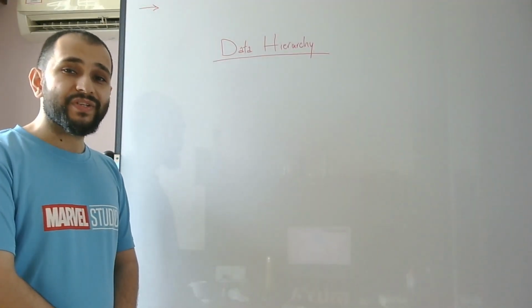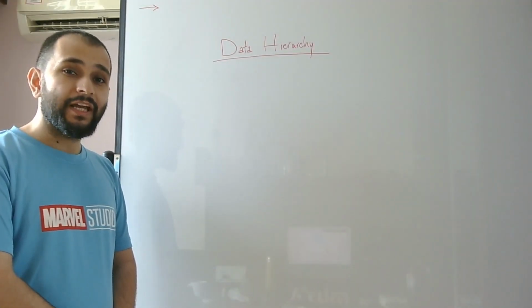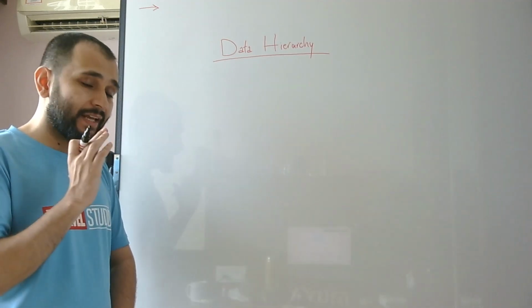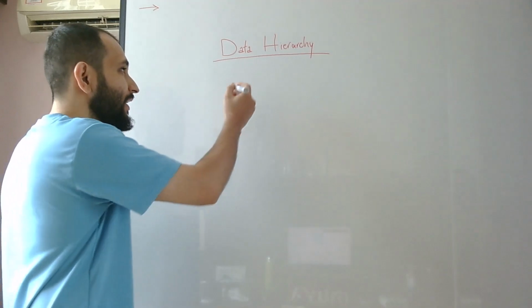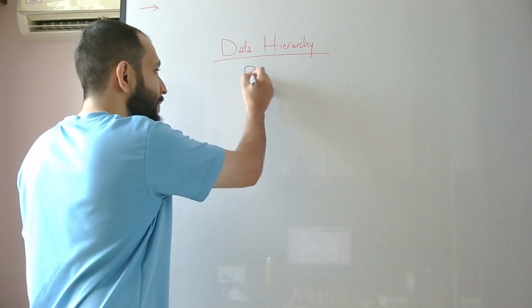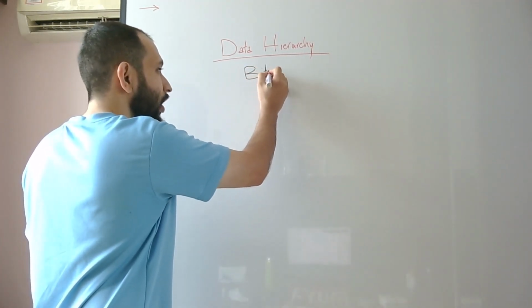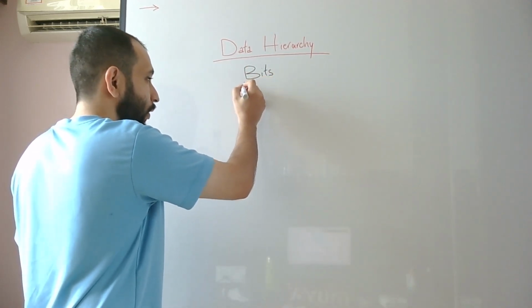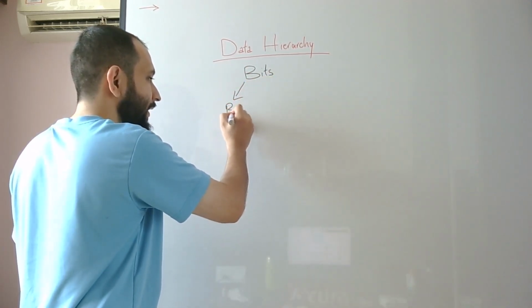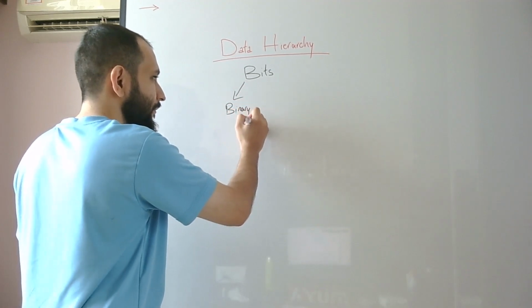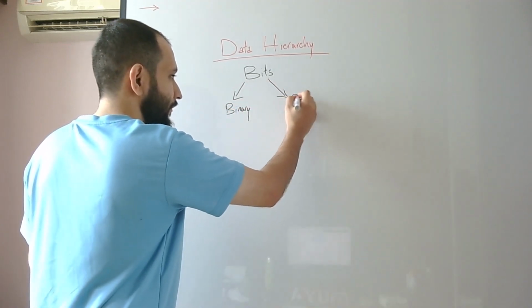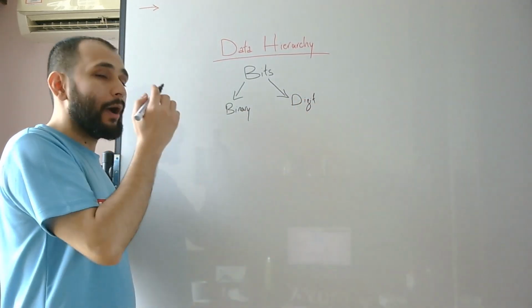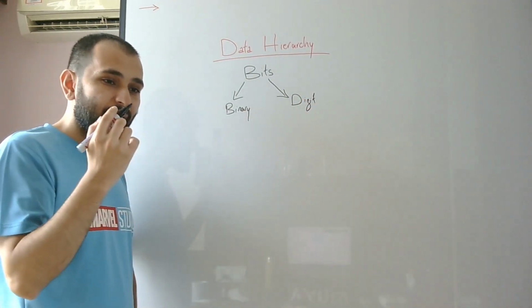Now that you understand the data hierarchy, let's talk specifically about bits in a bit more detail. So what are bits? Bits stand for binary digits. That is exactly what a bit is. It is a binary digit.